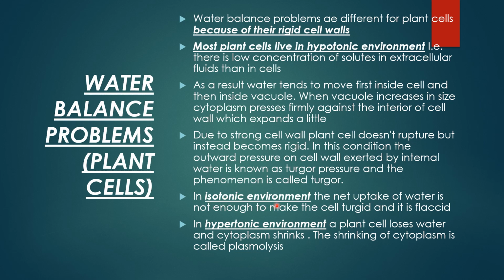In isotonic environment, the net uptake of water is not enough to make the cell turgid and it is flaccid. In hypertonic environment, a plant cell loses water and cytoplasm shrinks. This shrinking of cytoplasm is called plasmolysis.